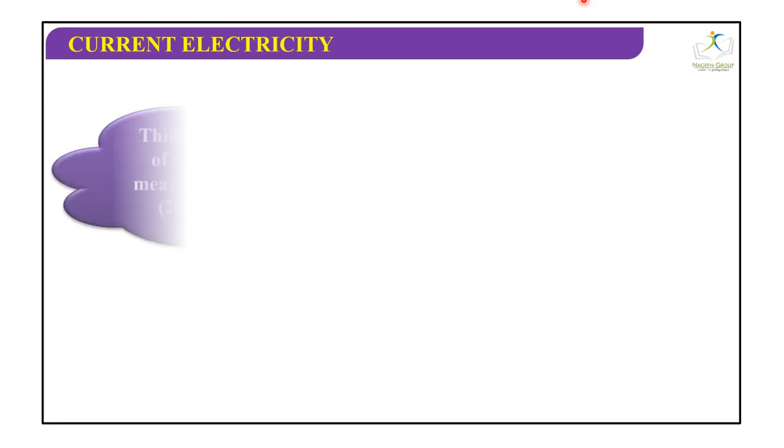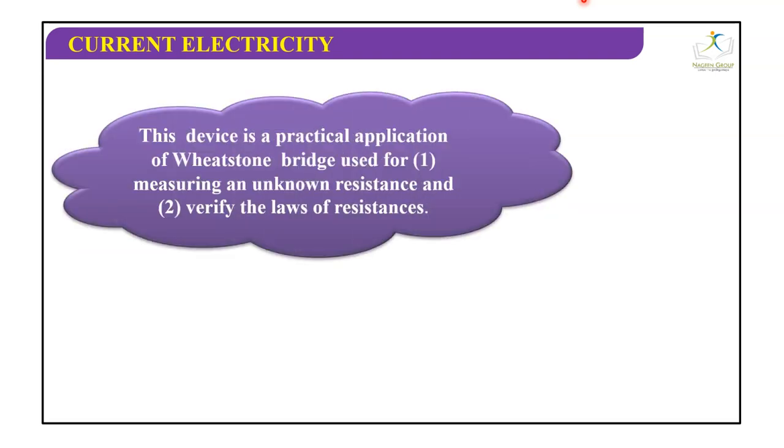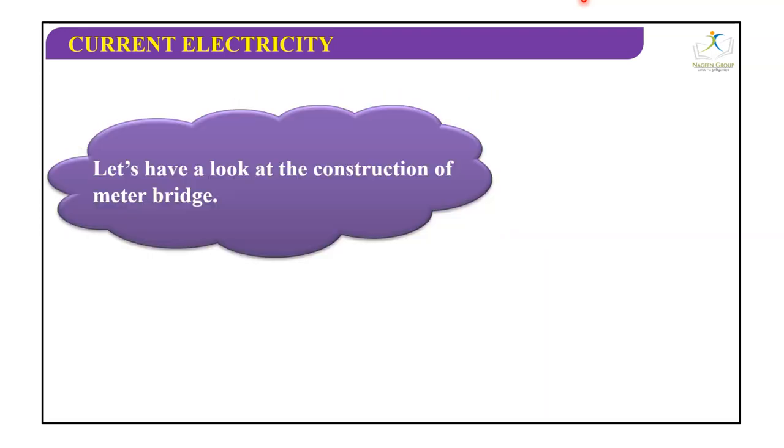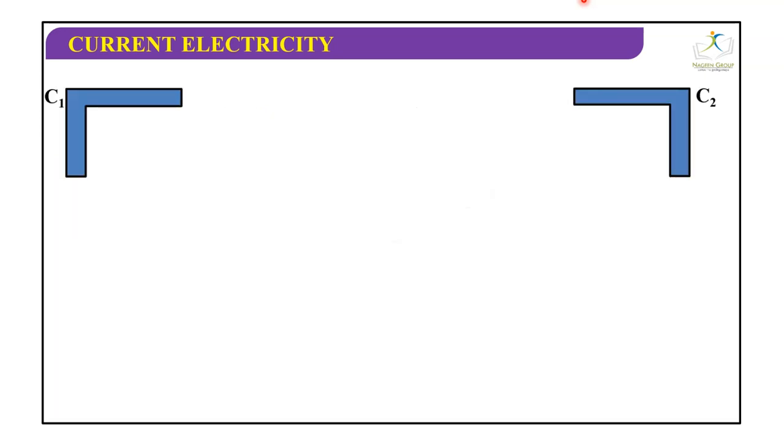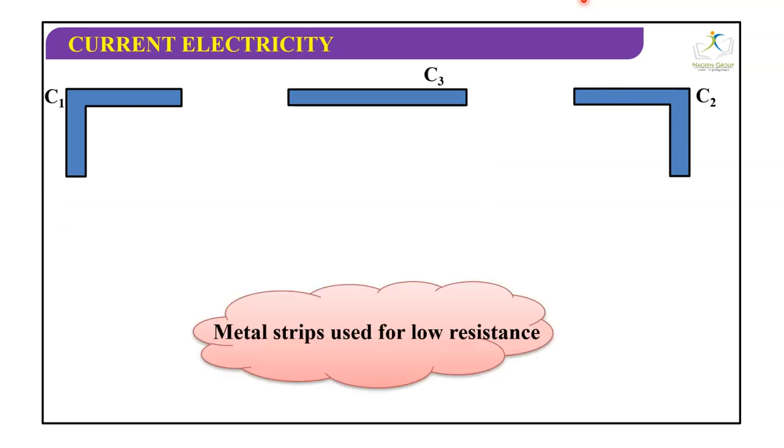Meter bridge. This is a device, a practical application of a Wheatstone bridge. It is used first for measuring unknown resistance and second to verify the laws of resistance. Let's have a look at the construction of a meter bridge. These are the C1 and C2 strips and this is the C3 strip. Metal strips are used for low resistance.